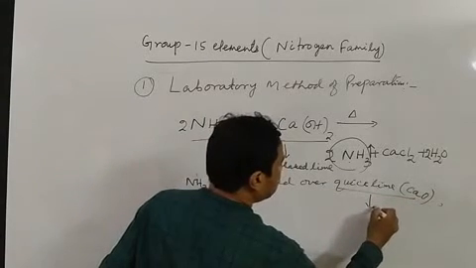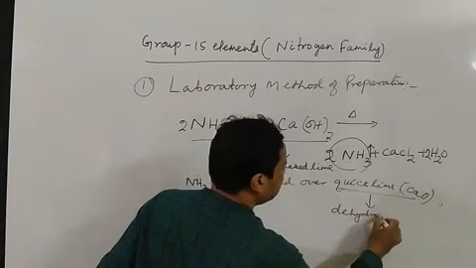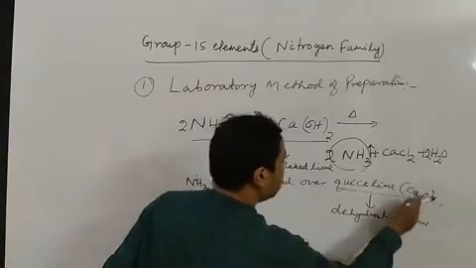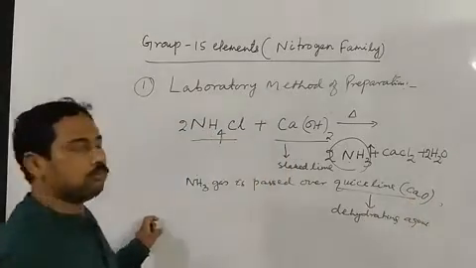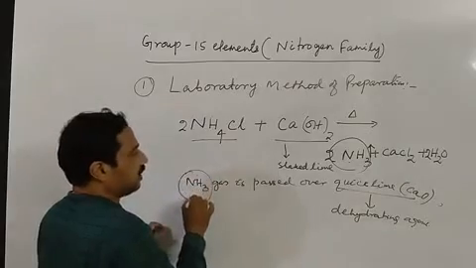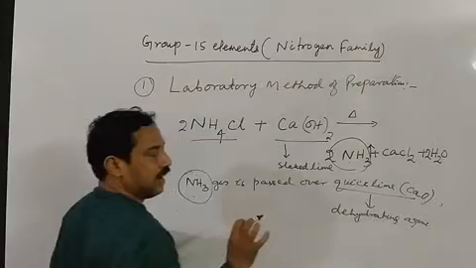Calcium oxide is one of the dehydrating agents, because it has an ability to absorb or remove moisture. So ammonia gas is dried by passing over quicklime.